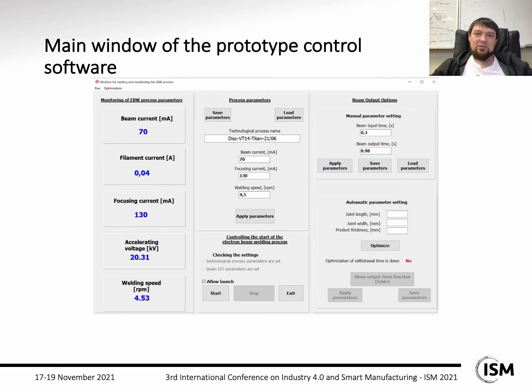In this case, such a parameter is optimized as the time of output of the beam during electron beam welding in order to prevent effects arising at the stage: microtracks, voids, lack of penetration, sagging of the seam. The slide presents a prototype of the software system.